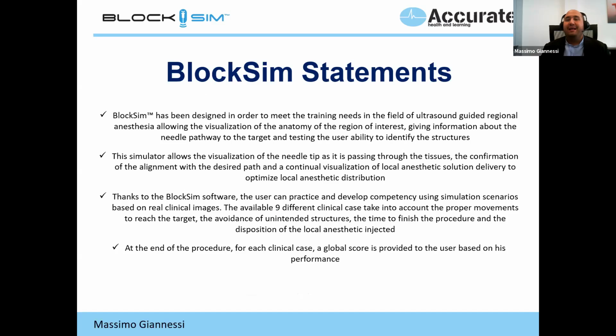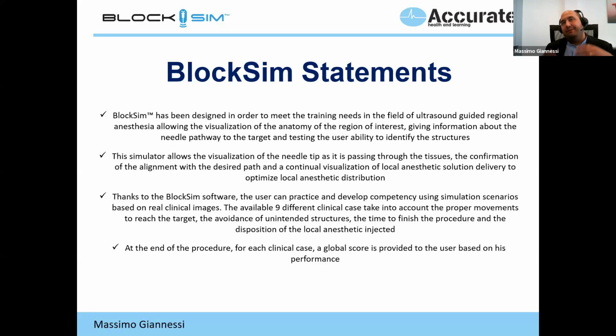BlockSim has been designed to meet the training needs in the field of ultrasound-guided regional anesthesia. Thanks to BlockSim, we go from the visualization of the anatomy of the region of interest to the needle pathway, needle insertion and release of the anesthetic.